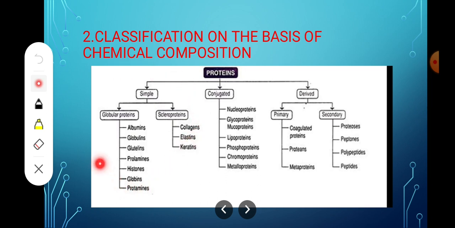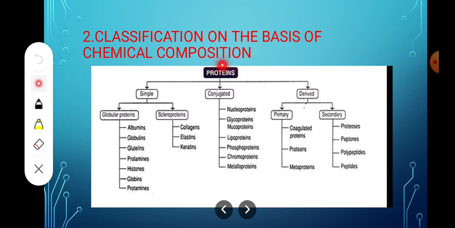This is about the classification of proteins on the basis of chemical composition. The simple proteins are subclassified into these seven classes, and simple proteins are made up of only amino acids and their derivatives. This is about the simple proteins.